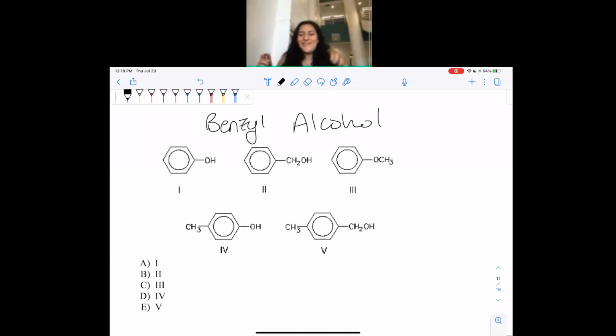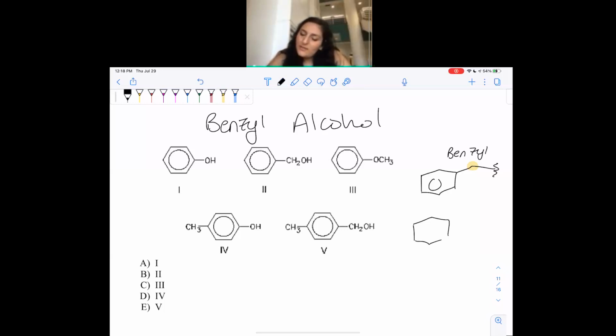Number 2, yay, because the thing you have to remember, this is a benzyl because it has that bend. It's a benzyl. And this is a phenol. So you guys were absolutely correct. This is the right answer.